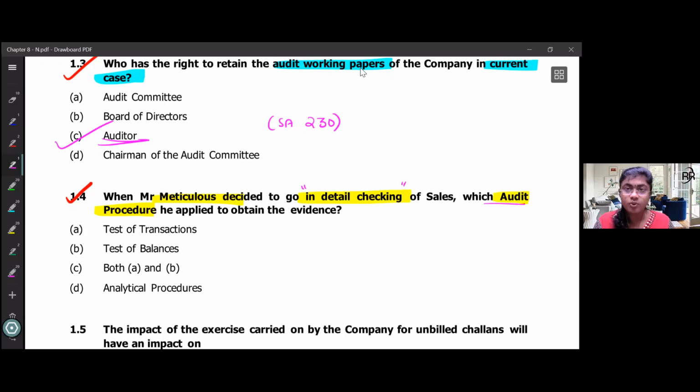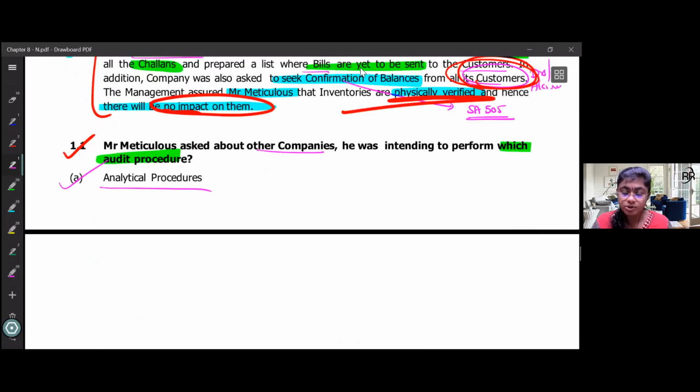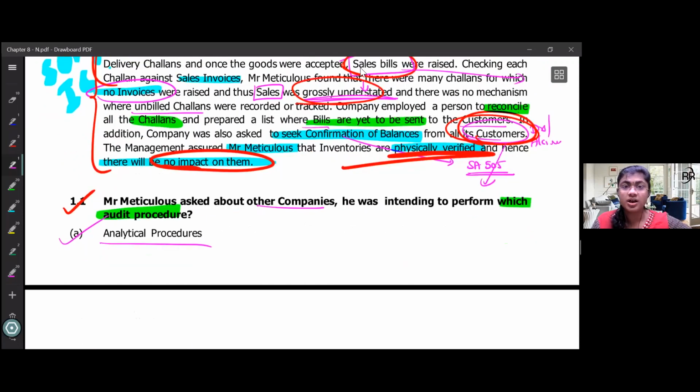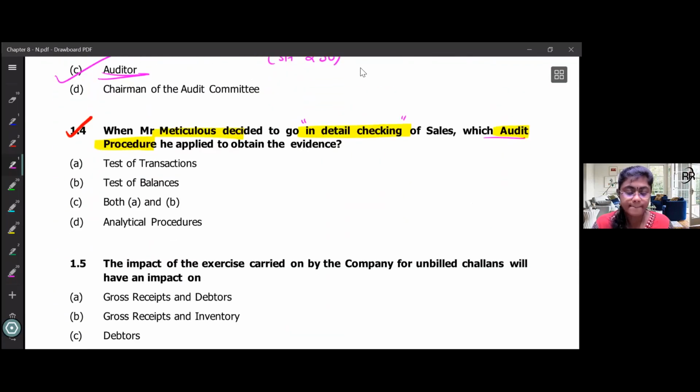When he found out that there was some issue, you remember, what did he do? He decided to check the sales invoice and to obtain confirmation from customers. Checking of sales invoice is nothing but checking class of transaction. Obtaining confirmation from customers, it is nothing but account balance.